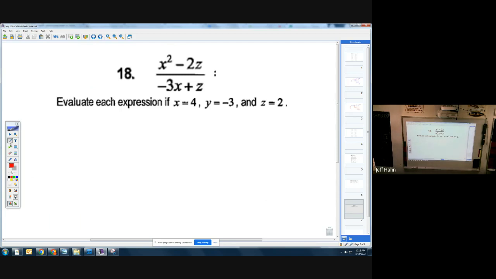I got it, never mind. I put negative on the top.